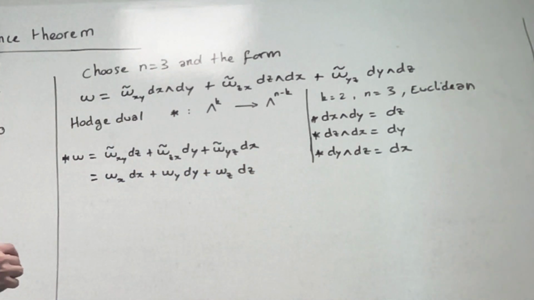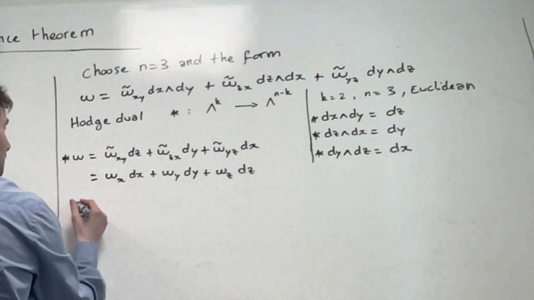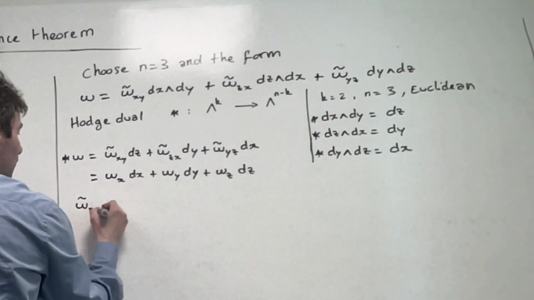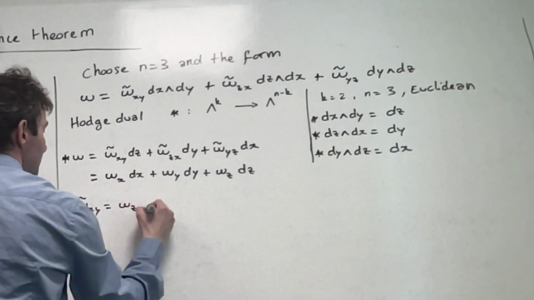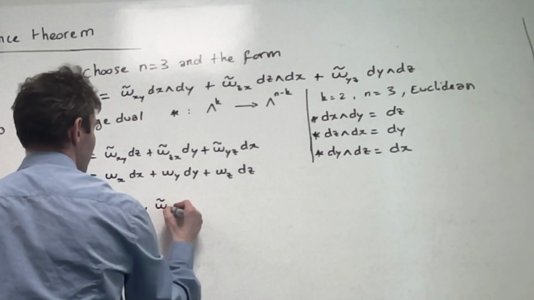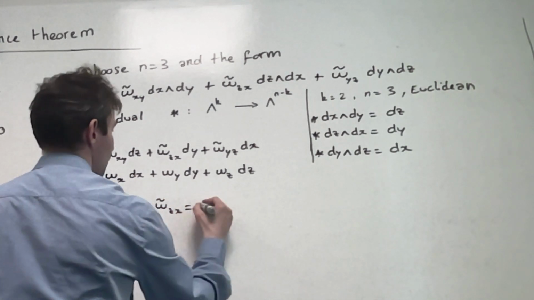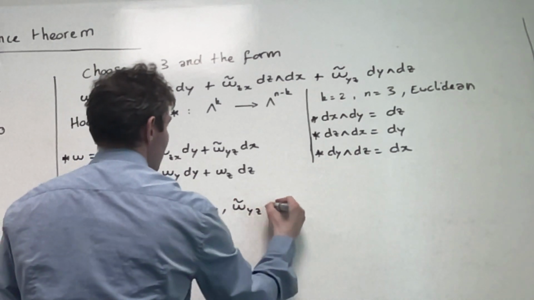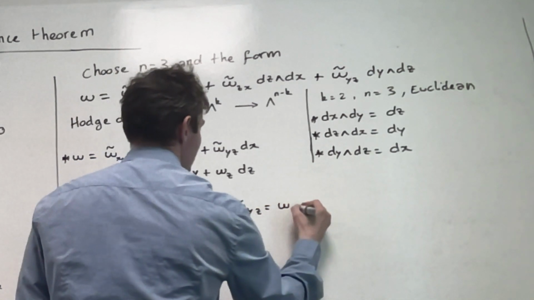And so what that tells us is that we can write the following. Omega tilde xy is equal to omega z. Omega tilde zx is equal to omega y. And omega tilde yz is equal to omega x.